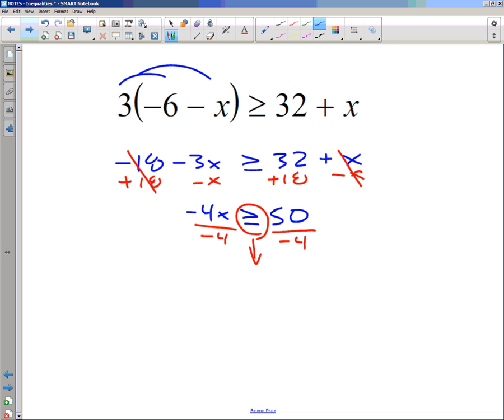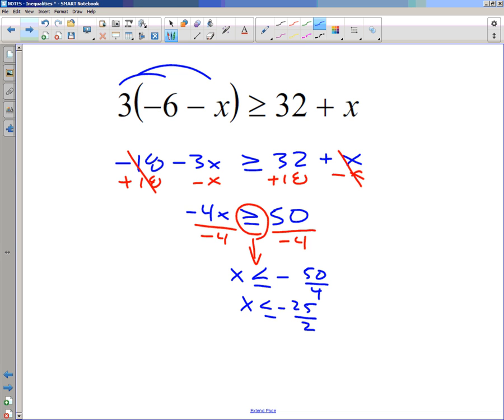So it's no longer going to be greater than or equal to, it's now going to be less than or equal to. x is less than or equal to, positive divided by a negative is a negative number, 50 over 4. We just need to simplify that. 50 and 4 both divide by 2. Negative 25 halves. And that's going to be the answer that we're going to give here.